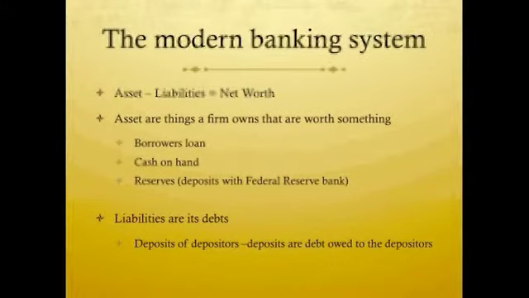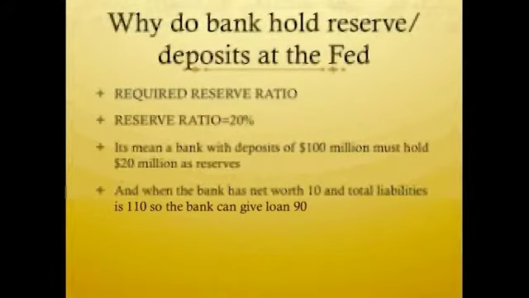The modern banking system. The basic of accounting says that assets minus liabilities equals net worth. Assets are things a firm owns that are worth something. They can be borrowers' loans, cash on hand, and reserves. Why do banks hold reserves, or deposits at the Fed?